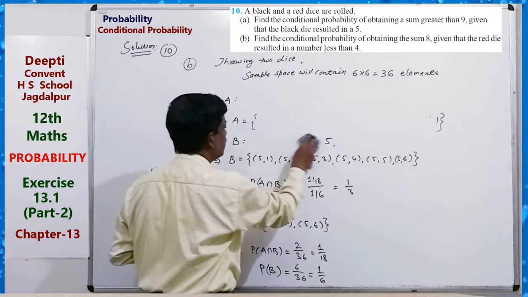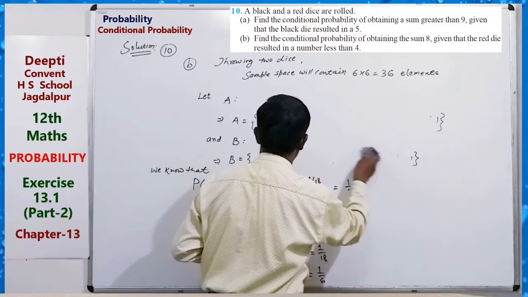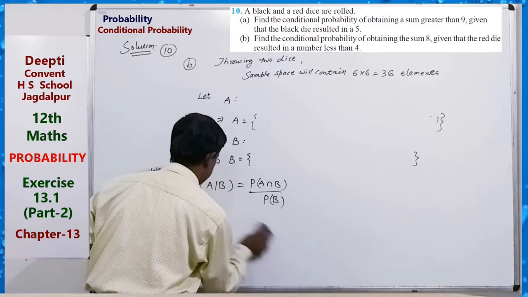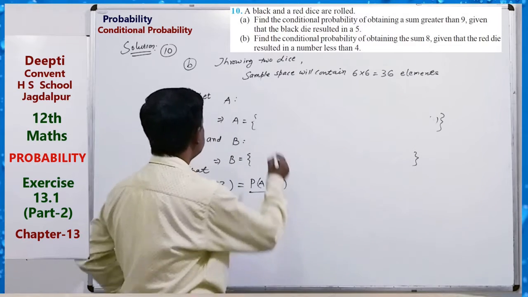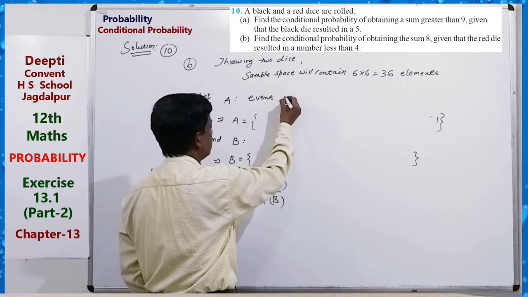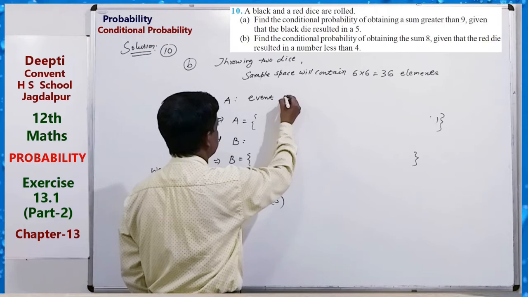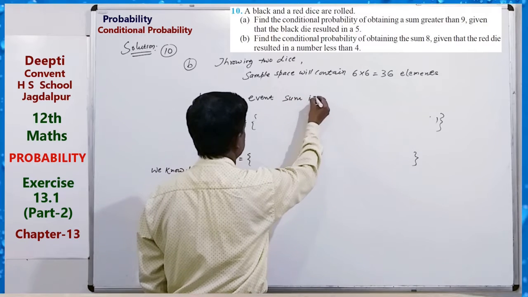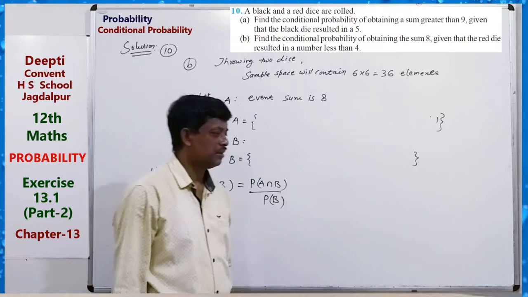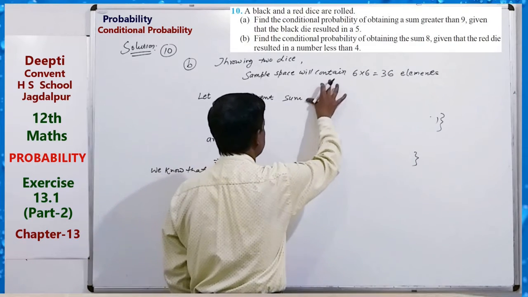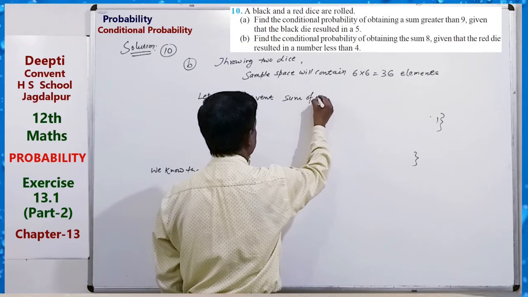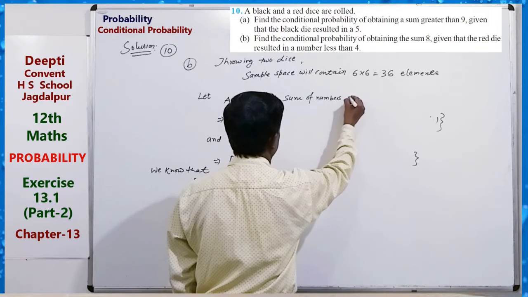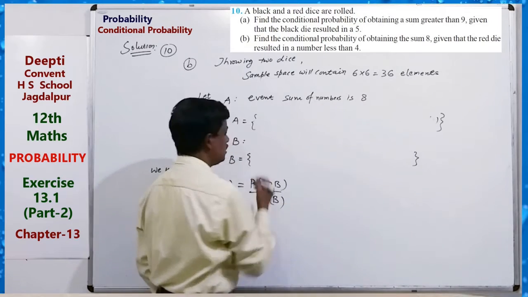The first event is that the sum of the numbers is 8.